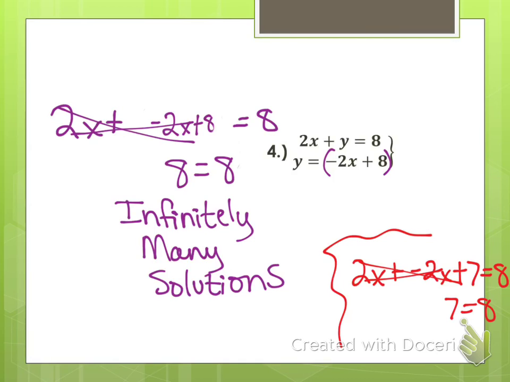No, 7 does not equal 8. So what do you think the answer is if you get a false statement? No solution. Okay, so if the variable totally goes away and it's a true statement that's left, there are infinitely many solutions. If it's a false statement, there are no solutions.